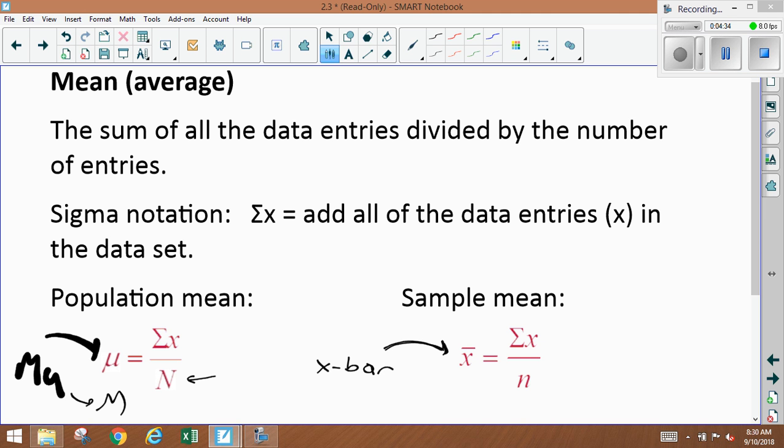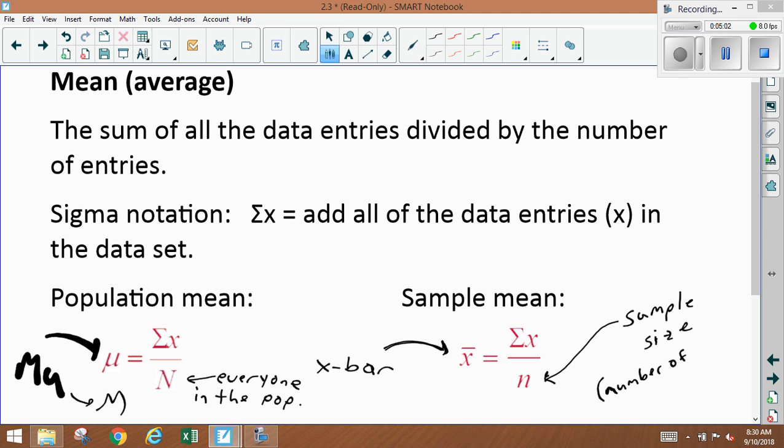So this n is everyone in the population, and this one is the sample size, the number of people sampled. So there's all that notation.